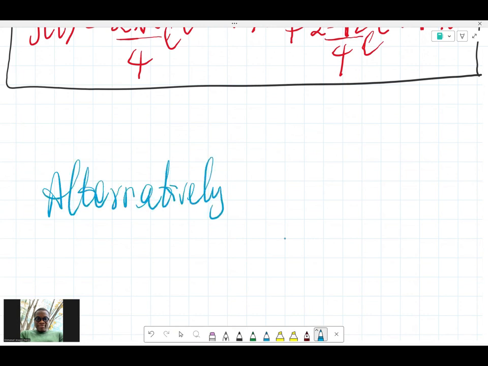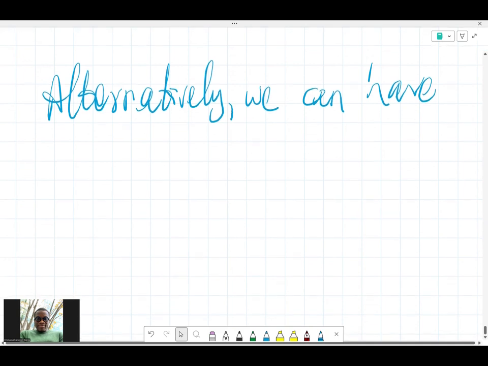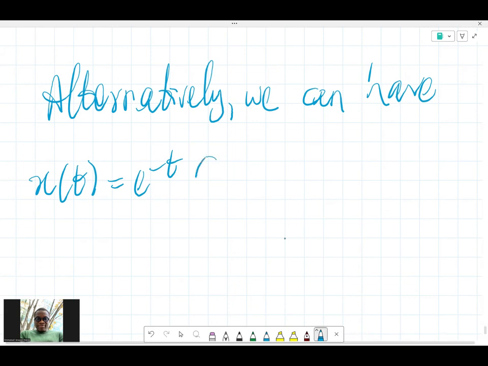If you work around it, you can also get x of t equals e raised to power minus t times 3 over 2. I'm trying to see. I want to be careful about this.